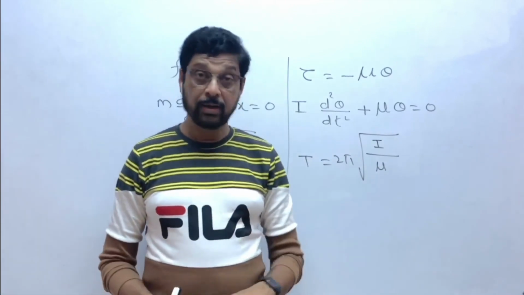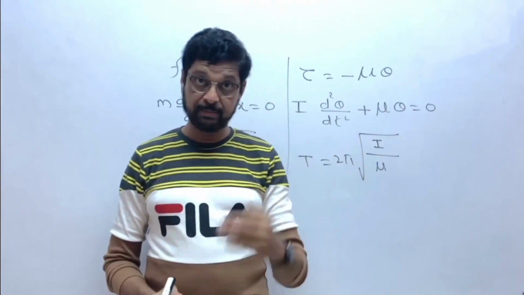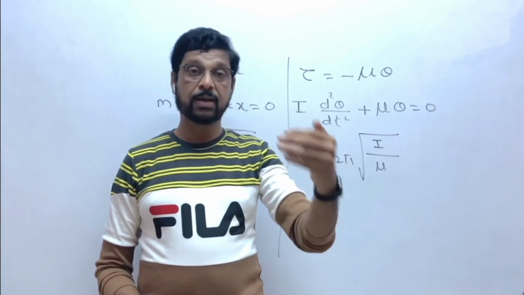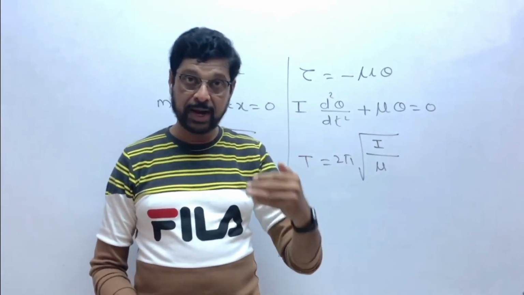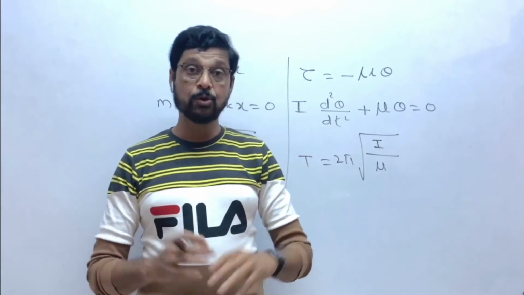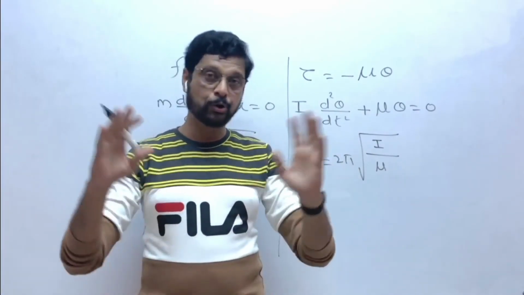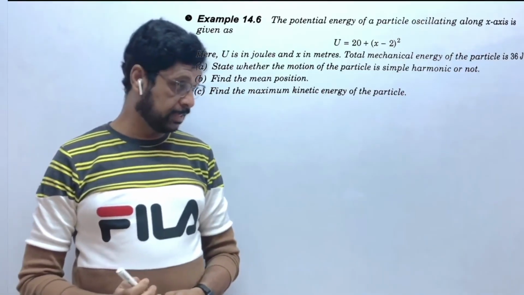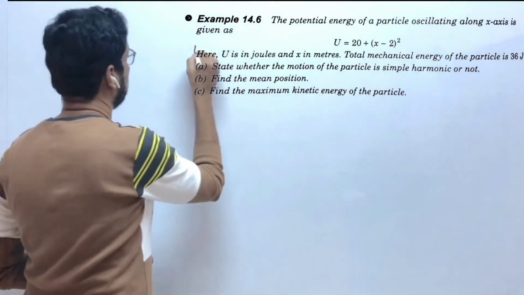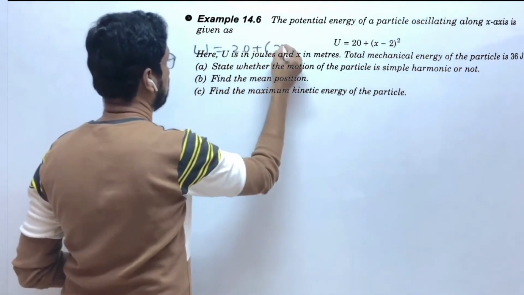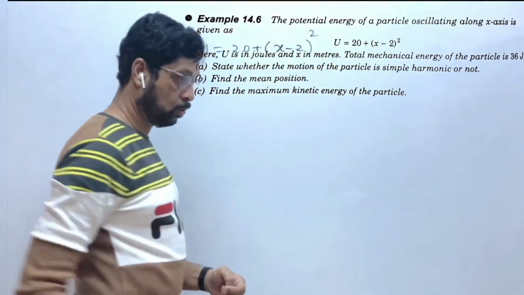And we solved the topic wise numericals. We solved problems of each topic one by one. Formula based, energy, right? Then simple pendulum and various examples. Now let's go to some other type of numericals in SHM altogether. The potential energy of a particle oscillating along x-axis is given as U is equal to 20 plus (x minus 2) square.